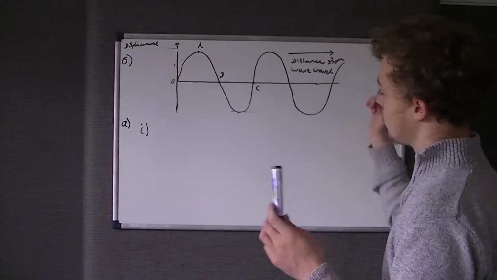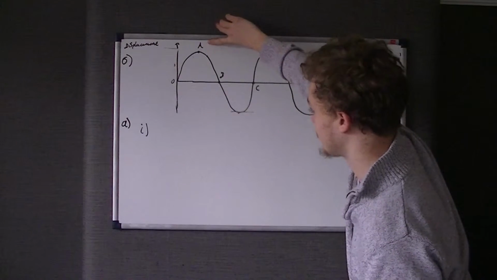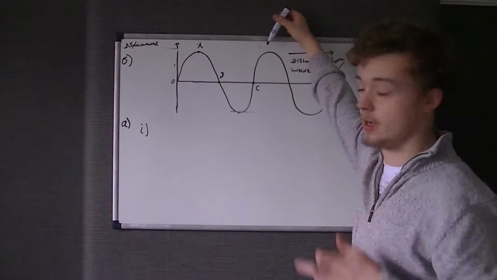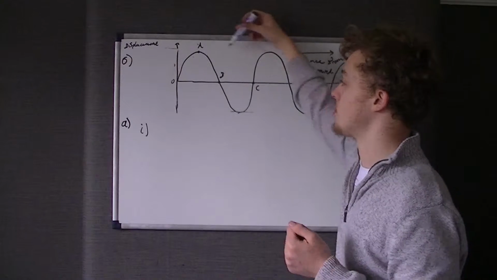So we'll look at two points on the wave. From this point A to the next peak is 360 degrees out of phase, or 2 pi.